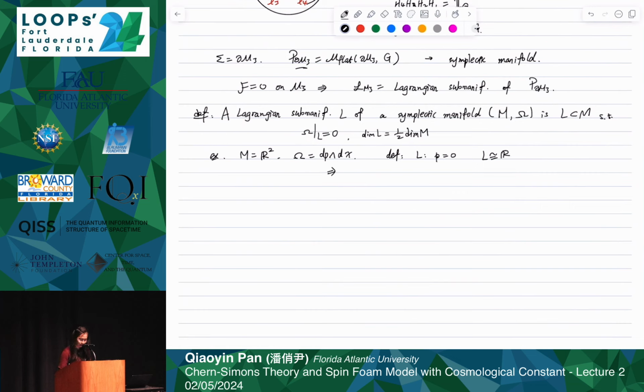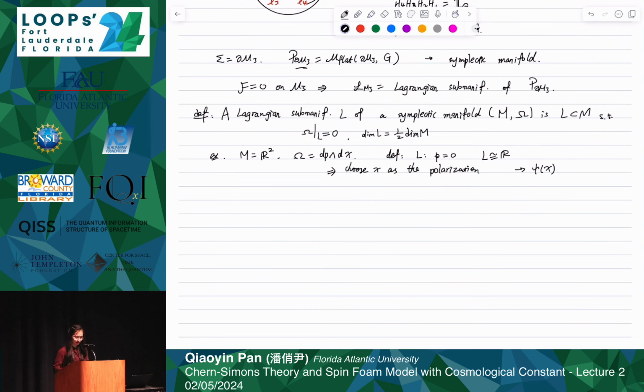It's nothing but choosing x as the polarization, and then we do the canonical quantization. Then we construct a wave function which is a function of the position x, and then p becomes a derivative operator. So we've seen that, and the Lagrangian submanifold we are interested in is just a generalization of this concept.